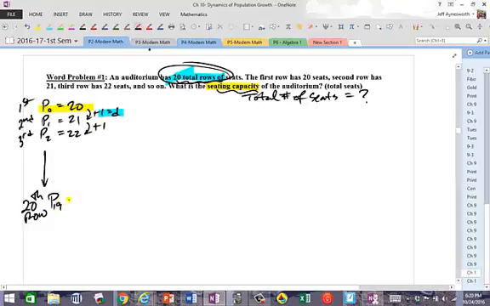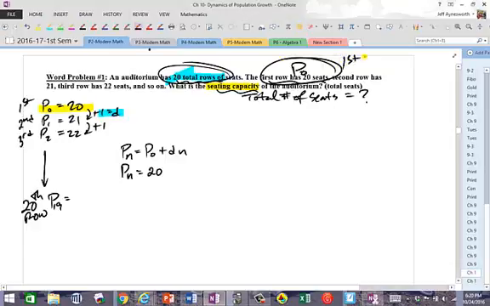What would that be? We write the sequence formula again, like we always do. That's p sub n equals p sub 0 plus d times n. So p sub n is equal to your first term, which is 20. It says first row right here. This is p sub 0. I'm sorry, fix that in your notes, guys. First row has 20 seats. That's the seed. And then plus 1 times n, or just plus n.